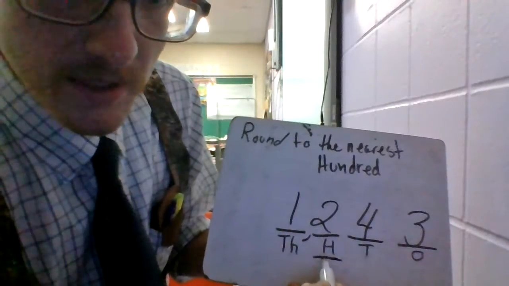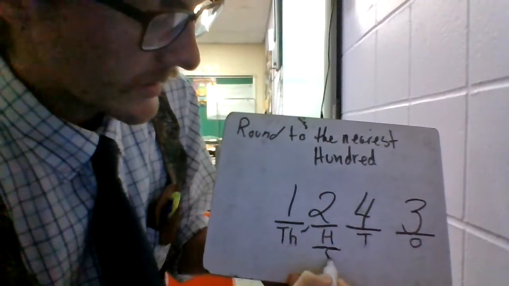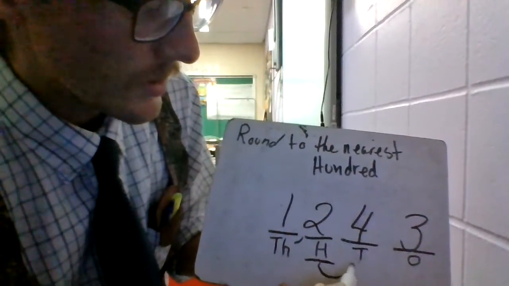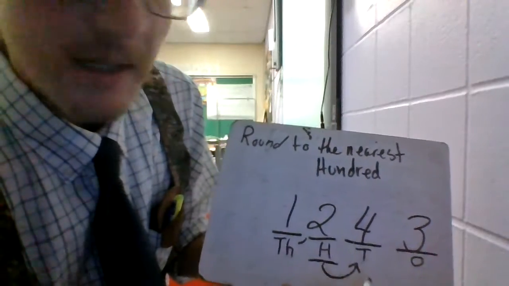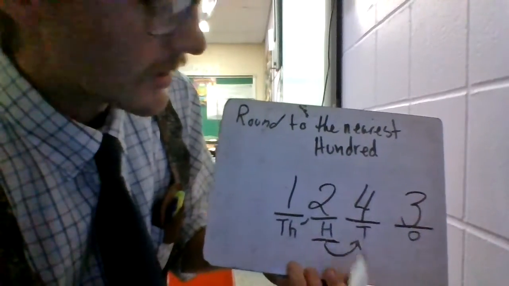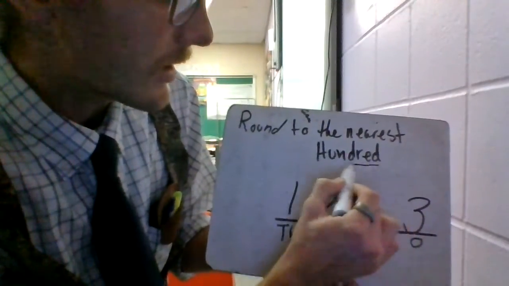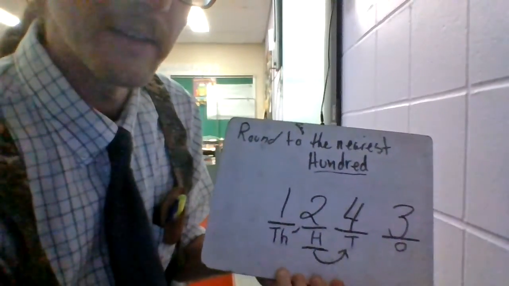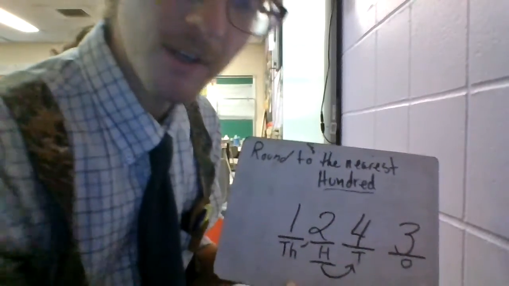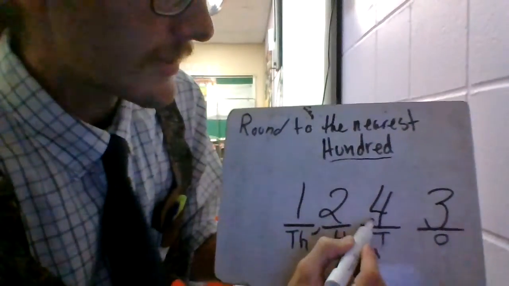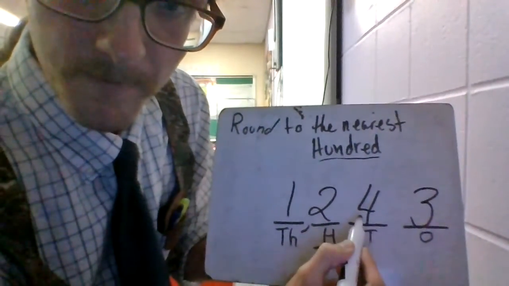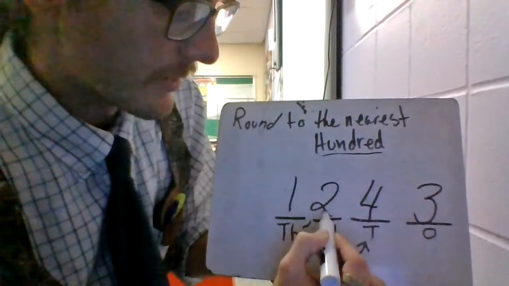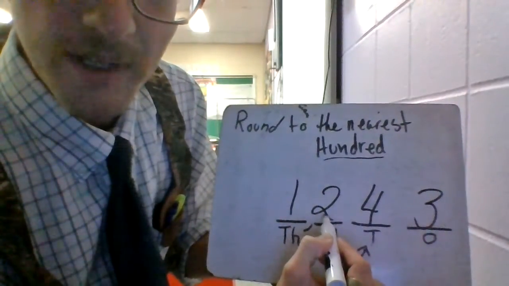The way that we determine that is we look at the place value immediately to the right. So if you're rounding the nearest hundreds, you're going to look at the tens. If you're rounding the nearest thousands, you're going to look at the hundreds. Because this digit right here determines whether this one changes or stays the same.